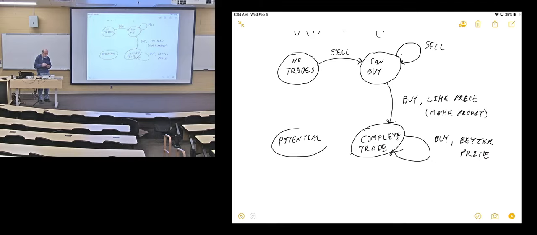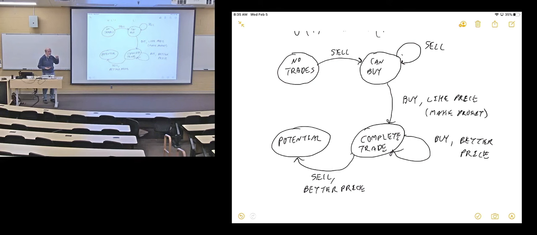I'll transition to the potential if I get a better sell price. If that happens, I've got to record that someone was willing to sell it for 10 and at what time. If the day ends here, I go with the completed trade.